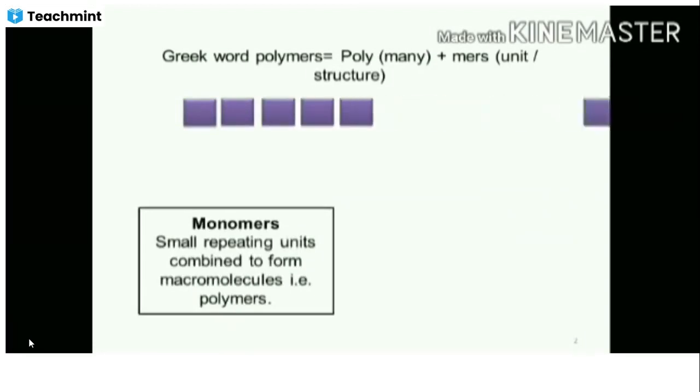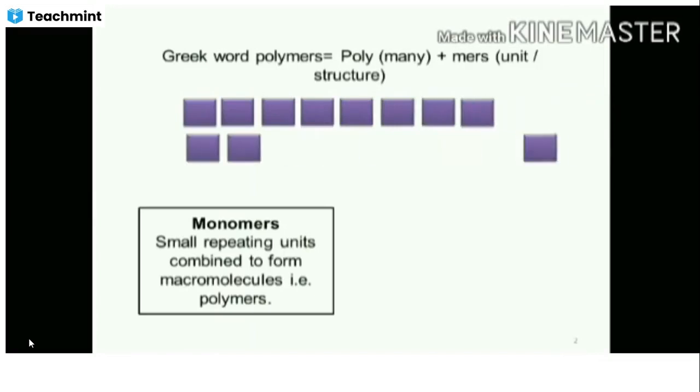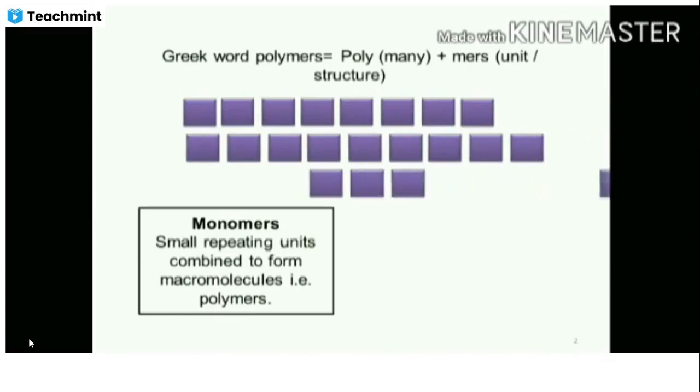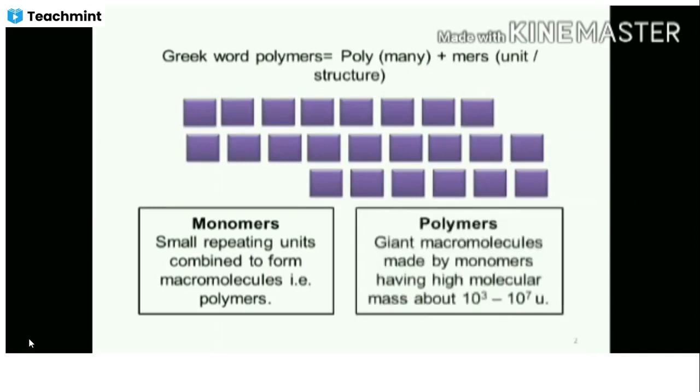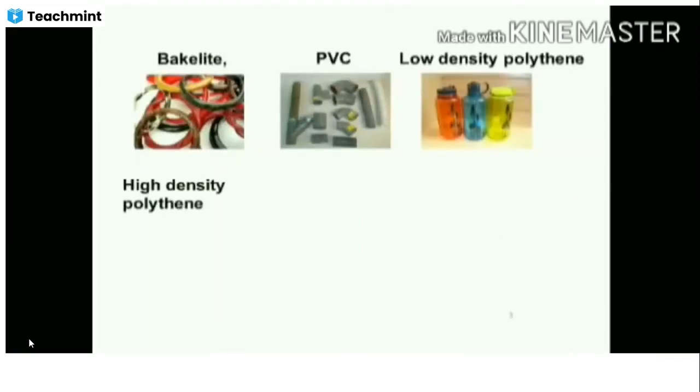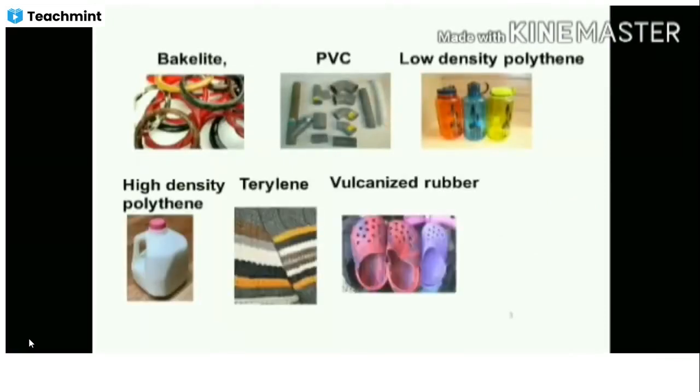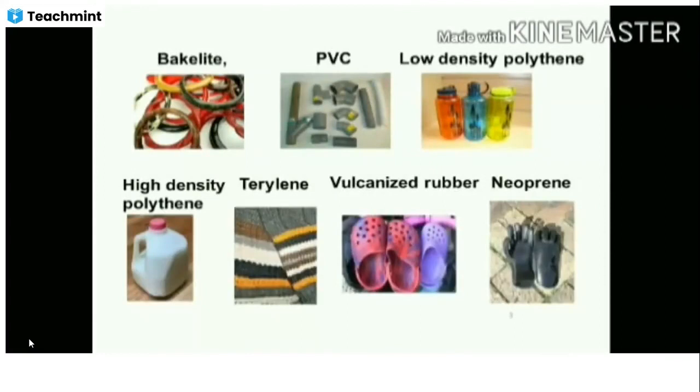These monomers are combining and form polymers, giant macromolecules made by monomers having high molecular mass, about 10 raised to 3 to 10 raised to 7. Polymer examples are bakelite, PVC polyvinyl chloride, low density polyethylene, high density polyethylene, terylene, vulcanized rubber, and neoprene.